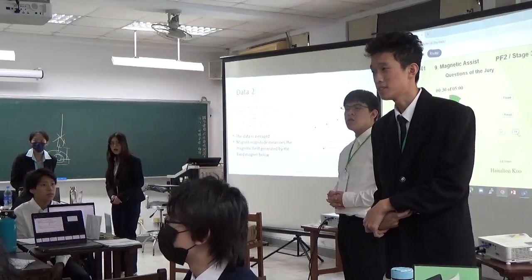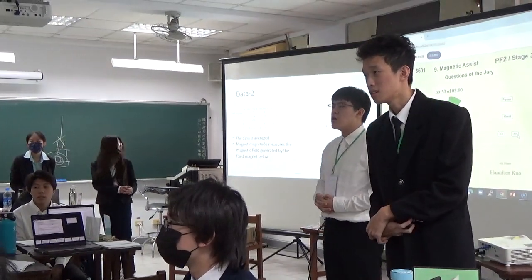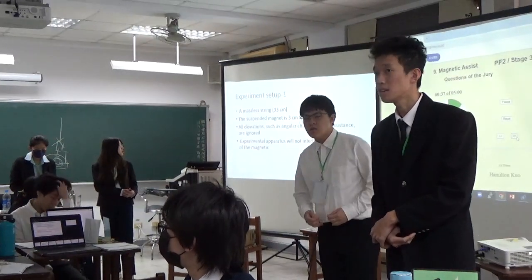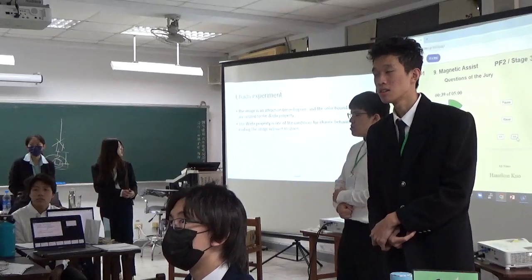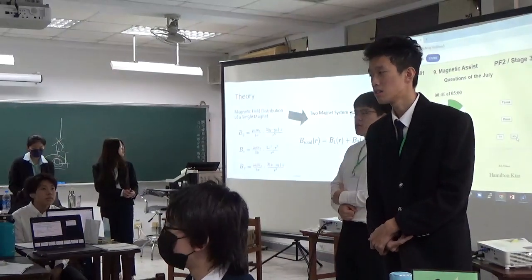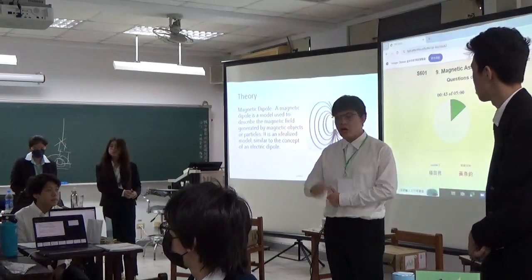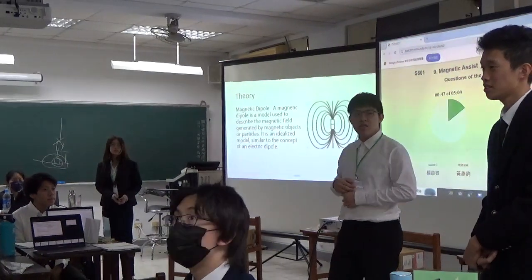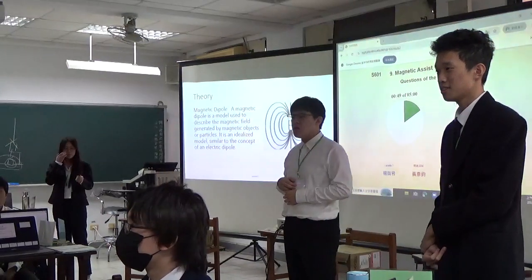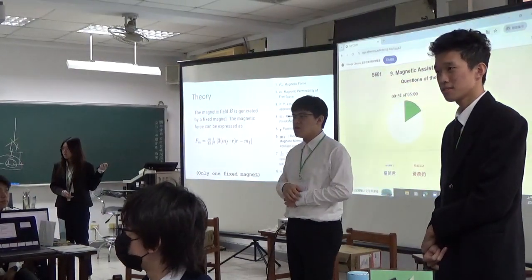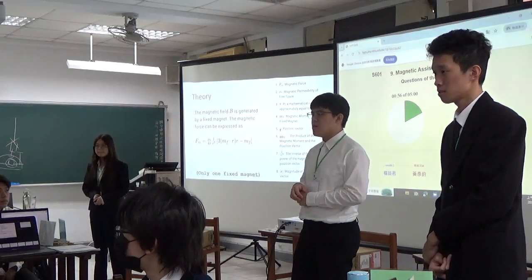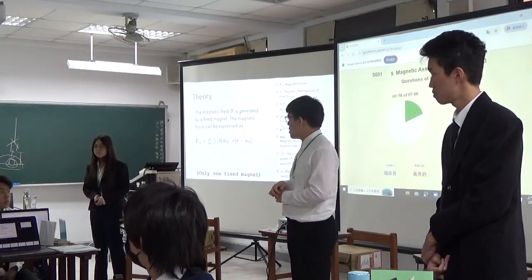The distance R. 1 over R squared or 1 over R to whatever power? So dipole, starting from I think it's 3, right? What's your answer? I think it was also 3.